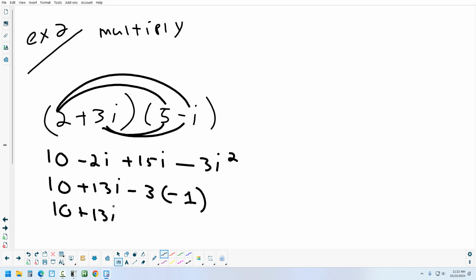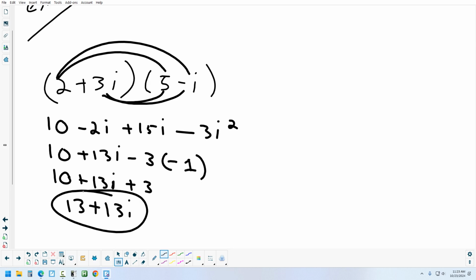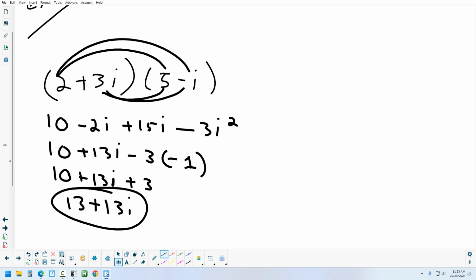And that's going to give me what? Positive 3. And now you can combine that with something else. So what's going to be your final answer here? 13 plus 13i. Yep. Just a coincidence that the real part is 13 and the imaginary part is too. That doesn't have to happen. Okay, but that's multiplying.